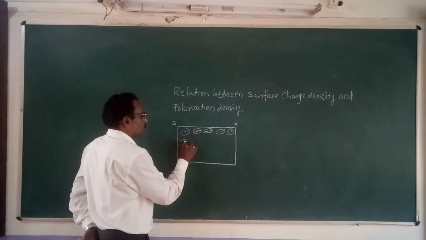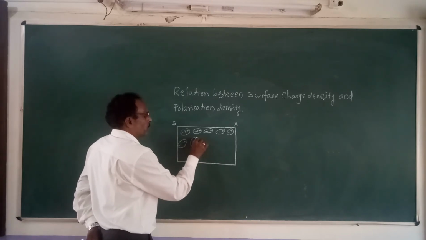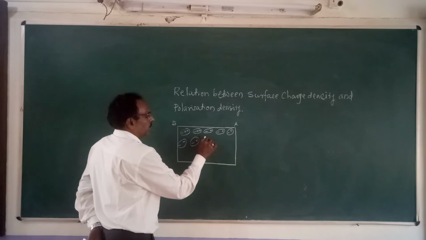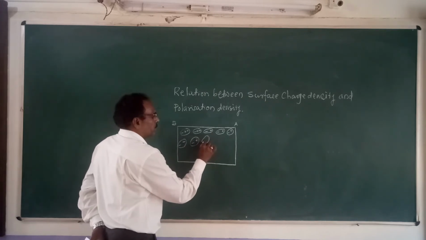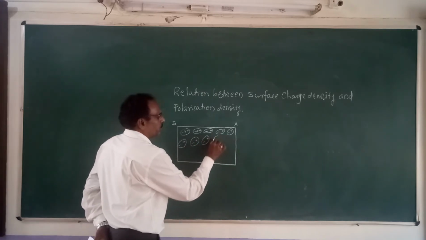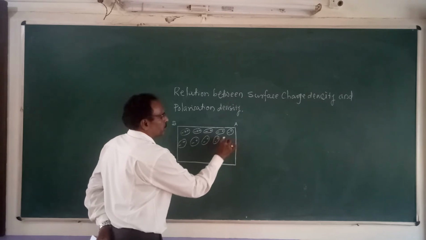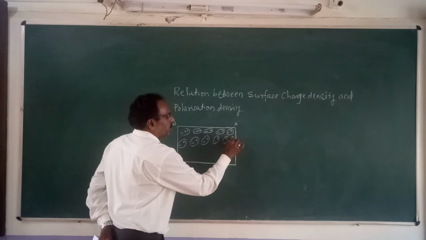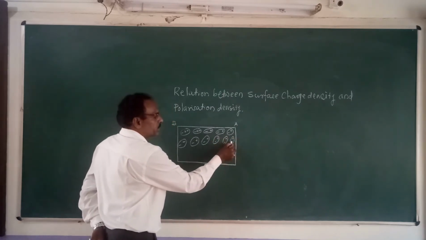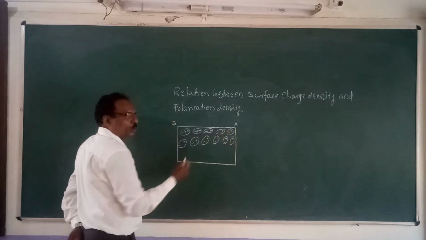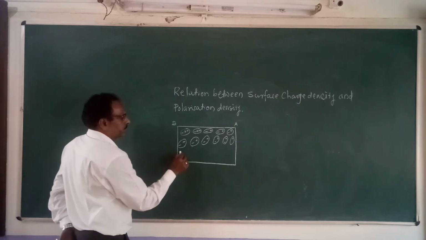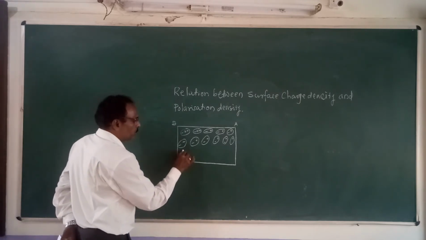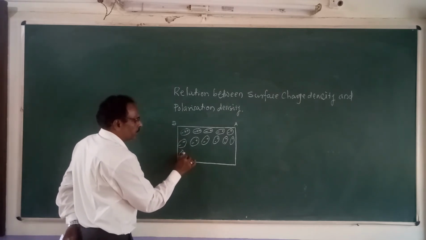Now here, this is negative, this is positive. We have seen this. This is negative, positive, and so on. They get oriented themselves along the direction of the electric field. I have not shown here the direction of the electric field.